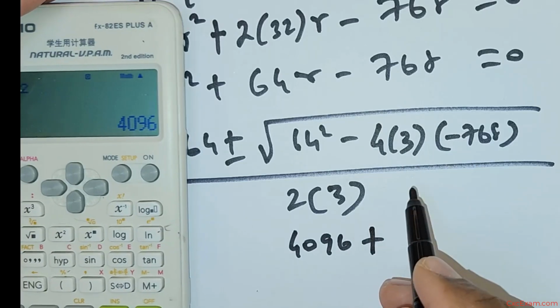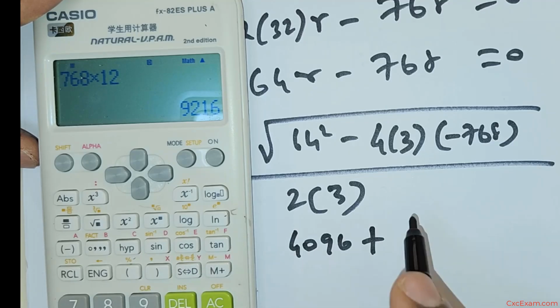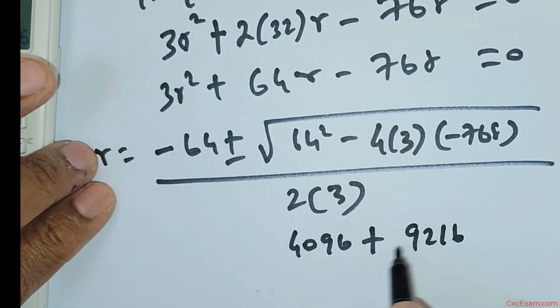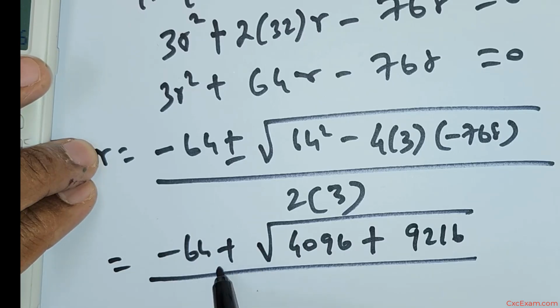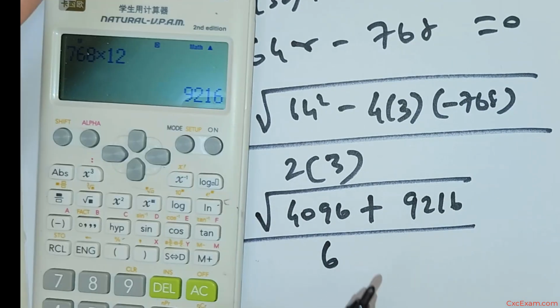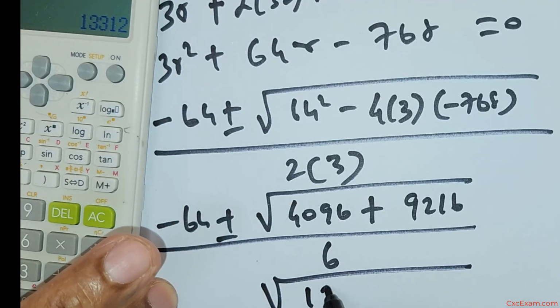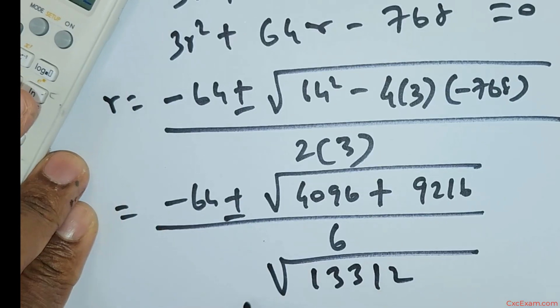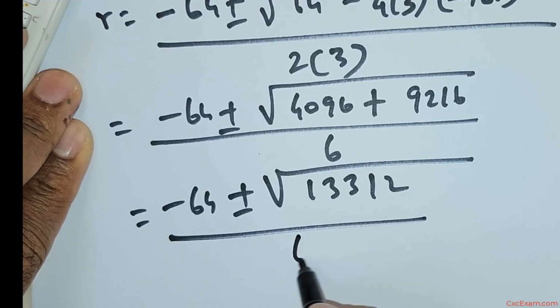Then 4 times 3 times 768, which is multiplied by 12, is 9216. Negative 64 plus or minus, divided by 6. So I add 4096 and 9216, and I get the square root of 13312.